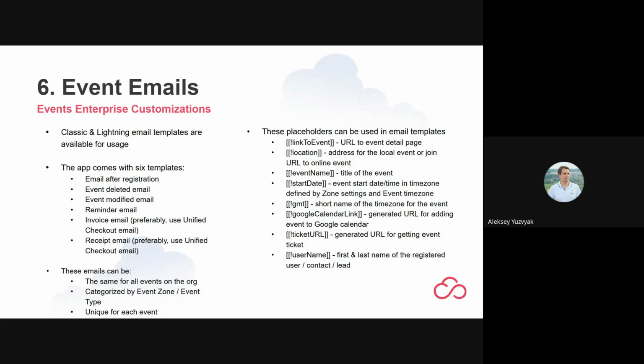And this template's API name will be automatically assigned based on certain rules. Or again, some manual process or some automation can be created here, but unique emails can be used for each event.